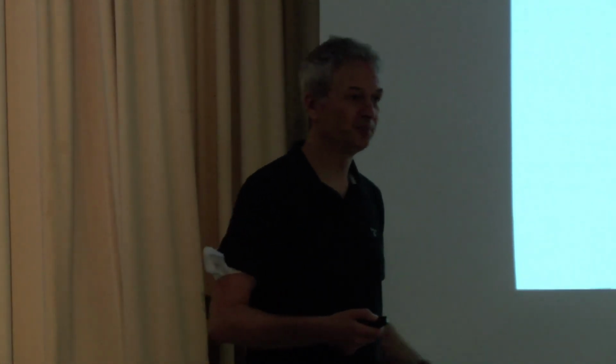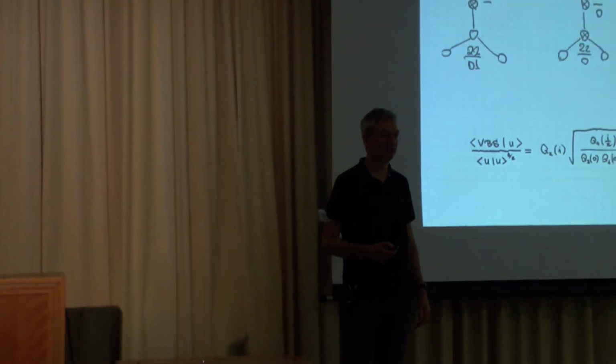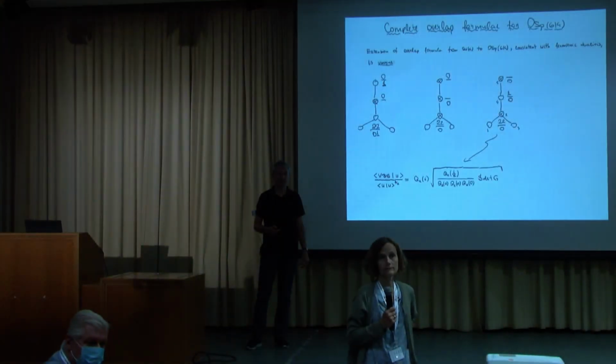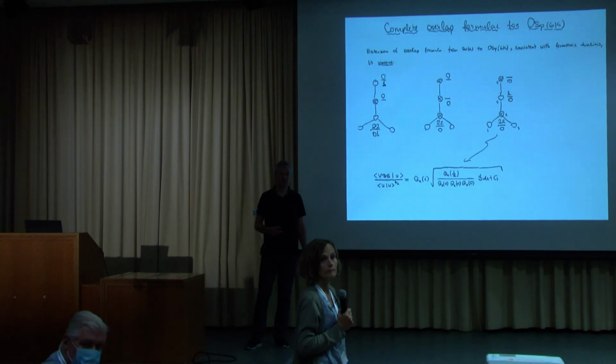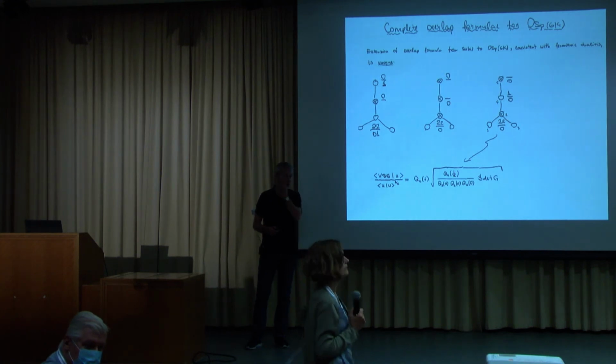Okay. One more question. Thanks for the very nice talk. If I understand, you've got the one-point functions of any operator with this boundary state. Yes. And so in principle, you could sum over all these one-point states, right?